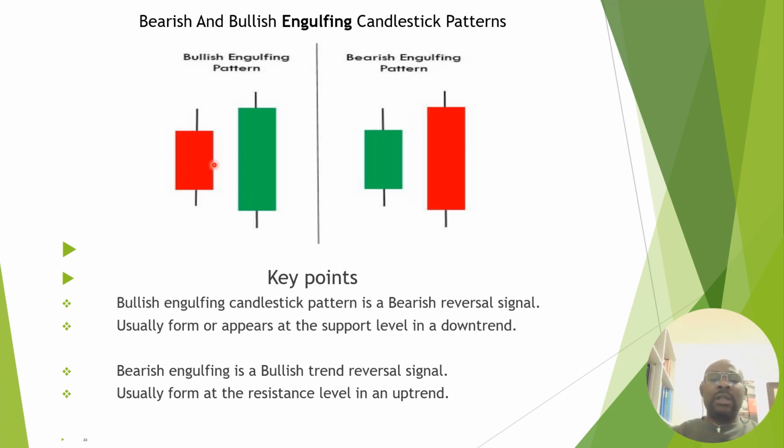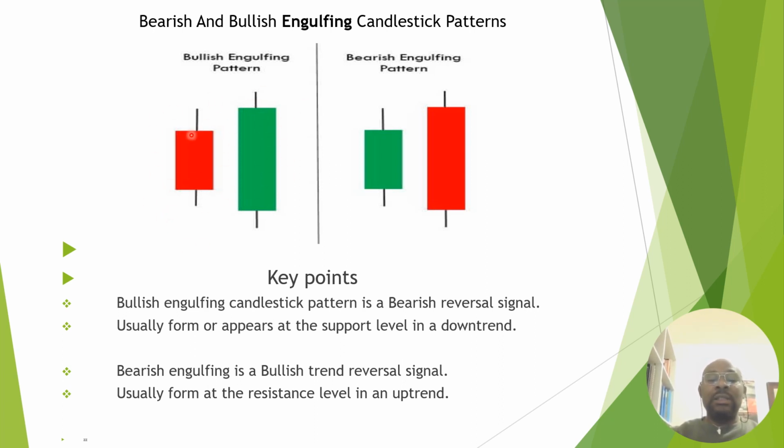and as soon as the price keeps coming down, it will get to a support level, which is the downside. As the price is coming down, it will get to a level where this candlestick formation will appear.